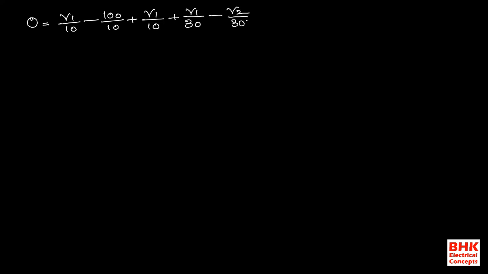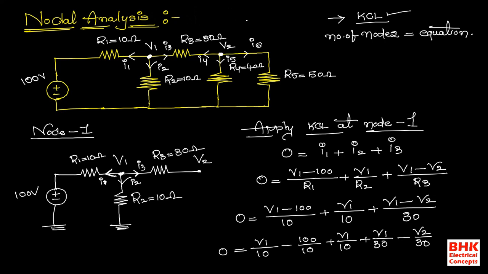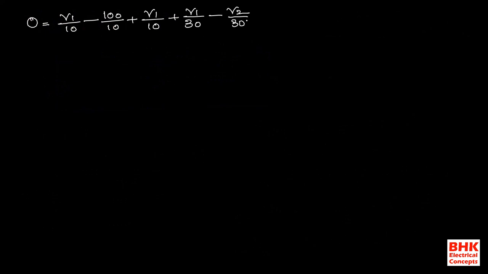I am splitting each term like this, and after that we go for the simplification. I am writing this expression from the last step of this page. Same expression I am writing here for the simplification purpose.